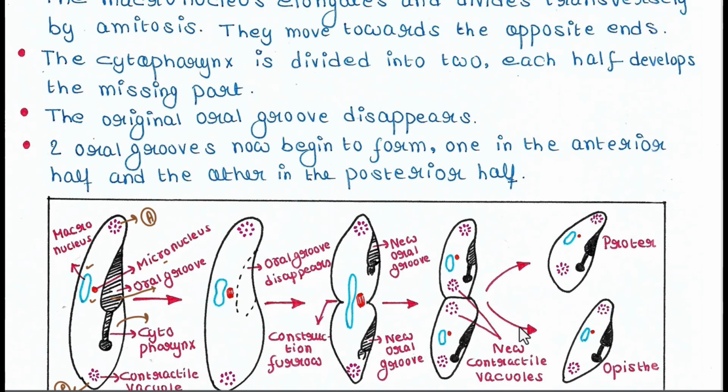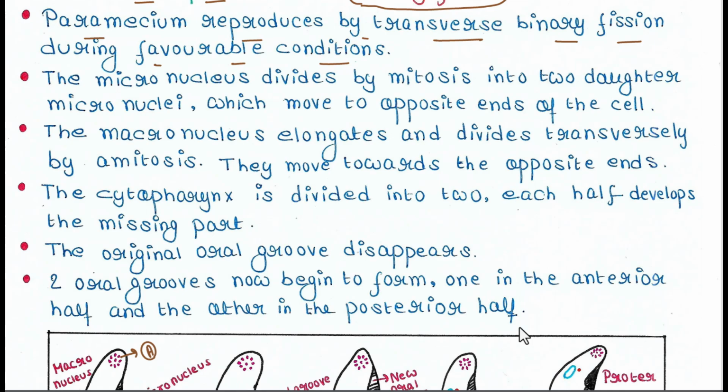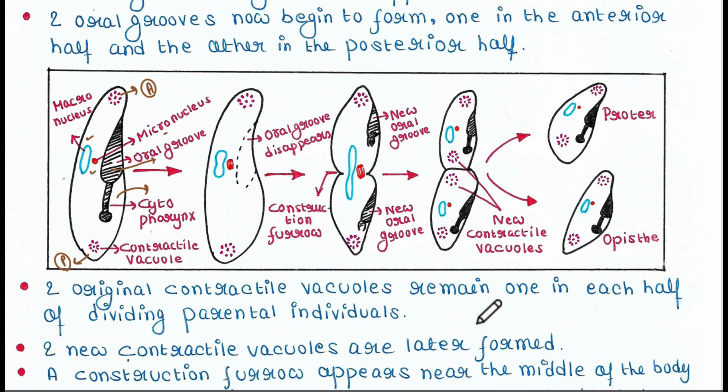Now we will see what happens in this binary fission. First, the micronucleus divides by mitosis into two daughter micronuclei which move to opposite ends of the cell. So here is the micronucleus, this one, and it undergoes mitosis.